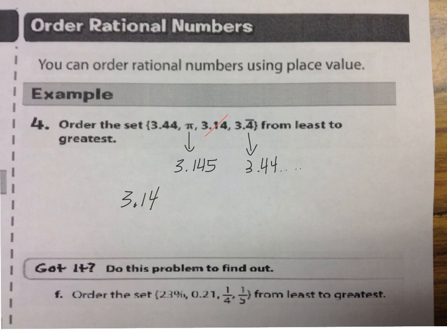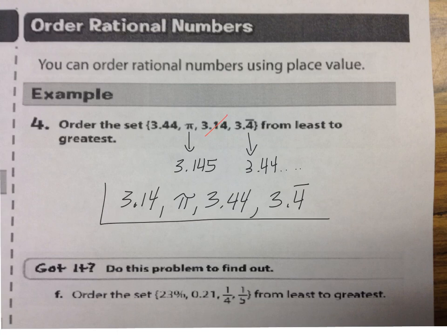And then the next one I would probably say would be pi, because pi has a 5 after it. Then the next one would be 3.44. And then the very last one would be 3.4 repeating because they have way more 4s after that. Now, keep in mind that I did change everything back to its original form, so that's how your answer should be as well.